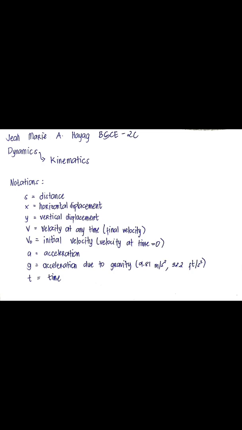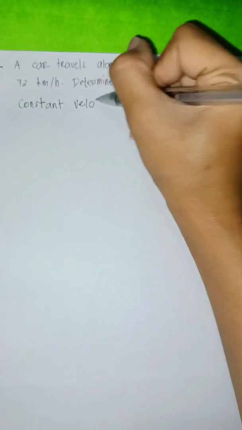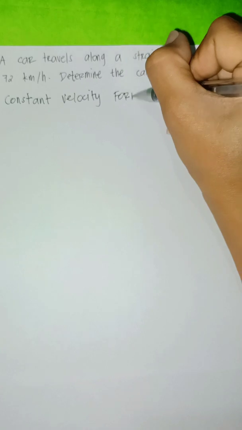For our first problem, we have a car that travels along a straight road at a constant 72 km per hour. Determine the car's distance after 2 minutes and 5 minutes. So we are going to use the constant velocity formula, which is s is equal to velocity times time.